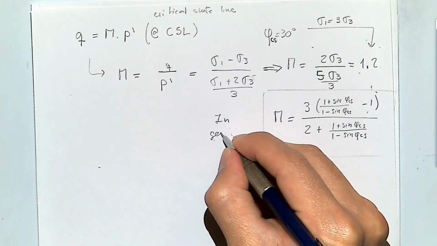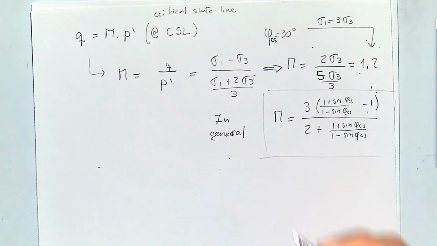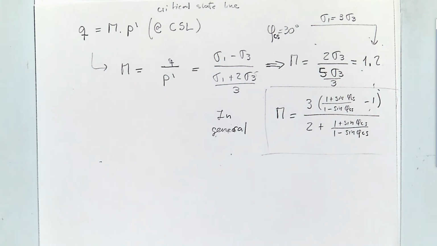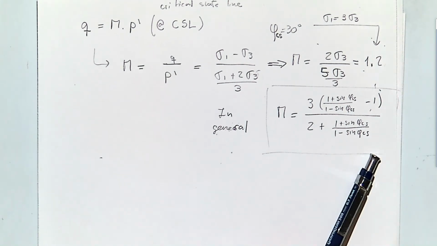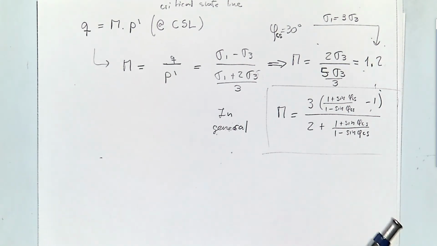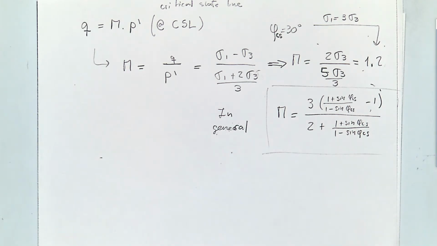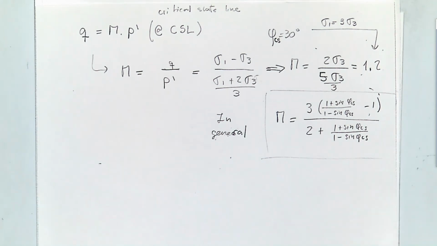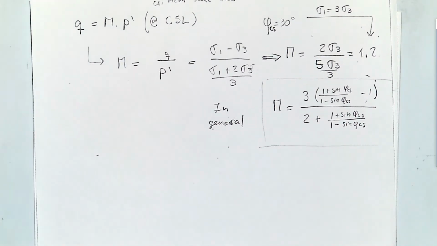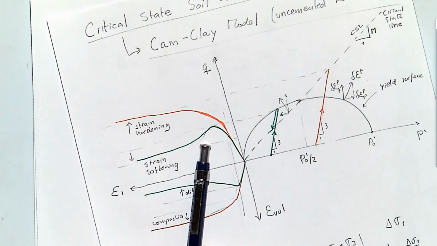Okay, so we have the equation of that line. That's going to be the maximum attainable value of Q. Again, if you go on a strain hardening curve, that's the value it tends to when you go on a strain softening curve.